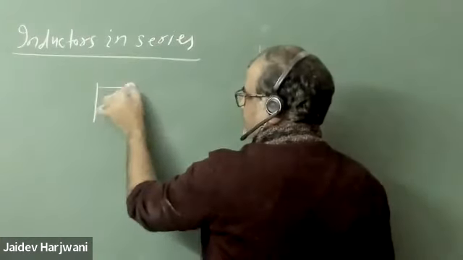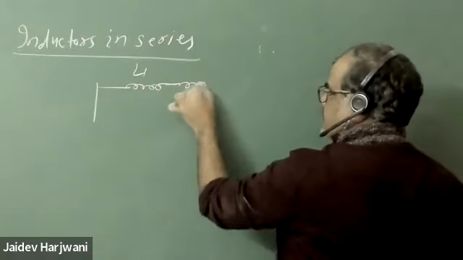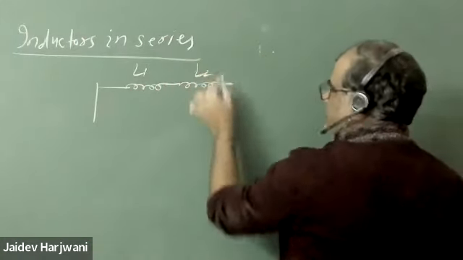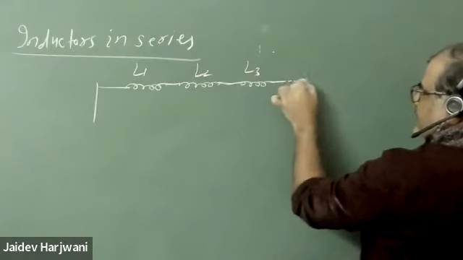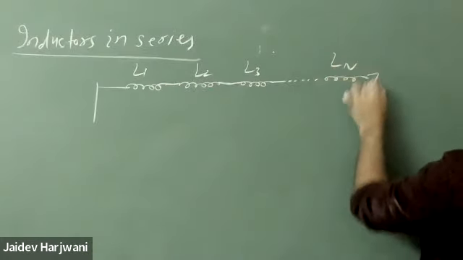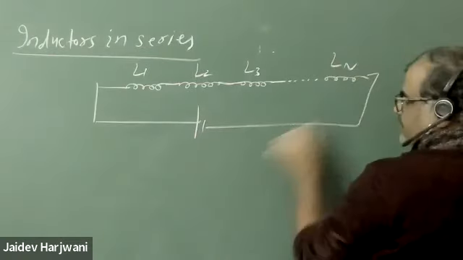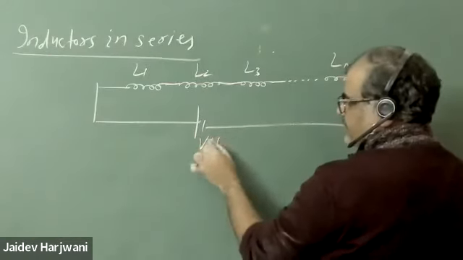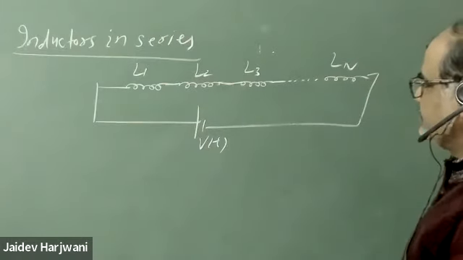Suppose we have inductor L1, inductor L2, and we have inductor Ln, and they are connected with a source Vt.